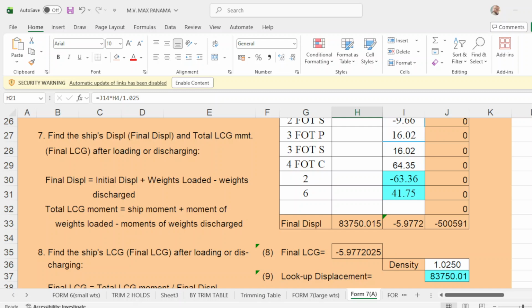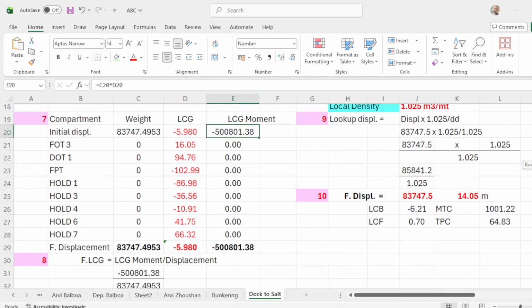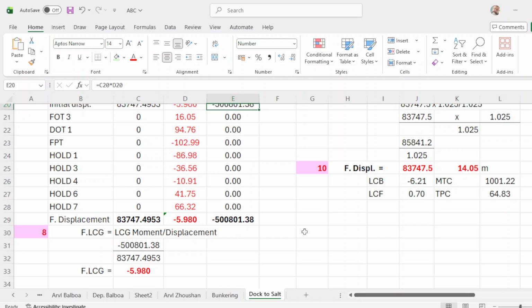And my number 8 manual will be final LCG equals your final LCG moment over displacement. Okay, so this one divided with your final displacement, then your final LCG is 5.98.